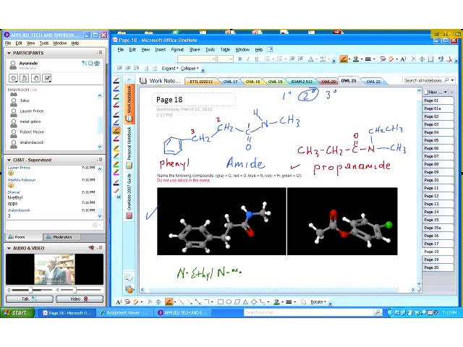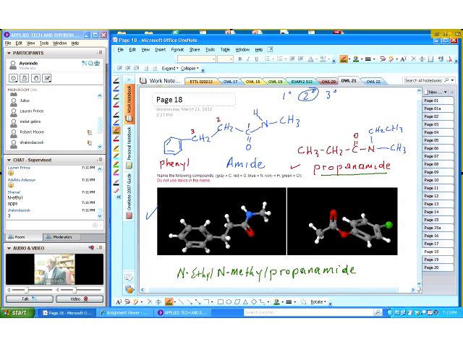N-ethyl, N-methyl, okay? Then we give the name of the parent amide, which is propane amide. Okay, all one word: N-ethyl, N-methyl, propane amide.